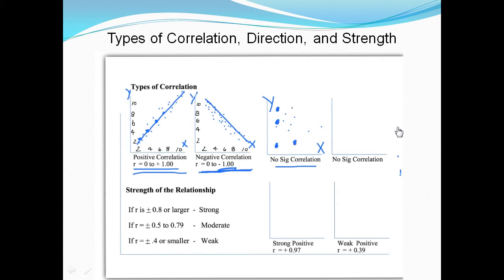Higher on x, high on y, middle on y, even higher on x, low on y, higher on x, high on y. So if I just have a lot of data points all over the place, like this, a great big cloud, where would I draw a line? Well, as it turns out, with no significant relationship, we draw our line in a horizontal fashion, and our R value would be close to 0.